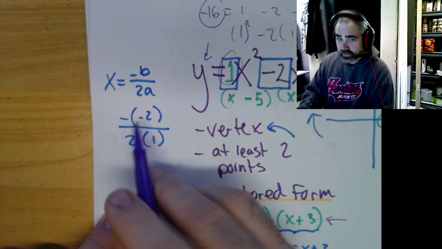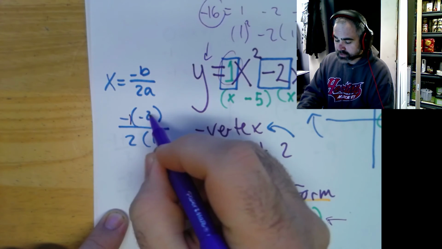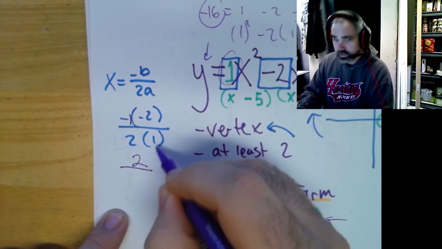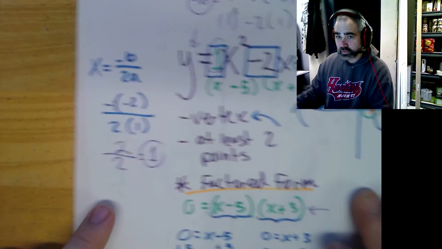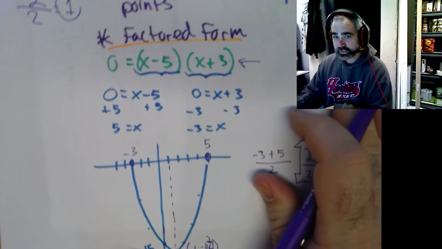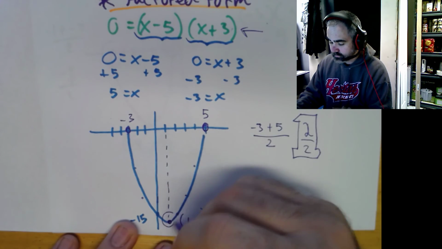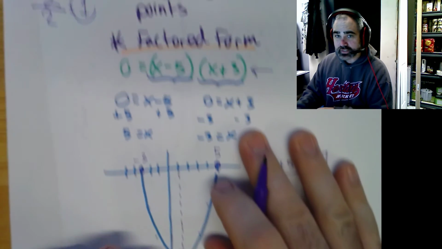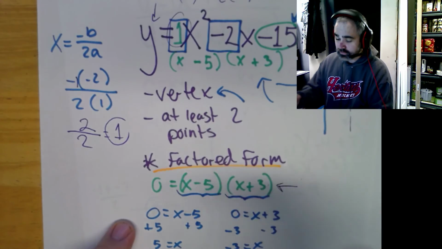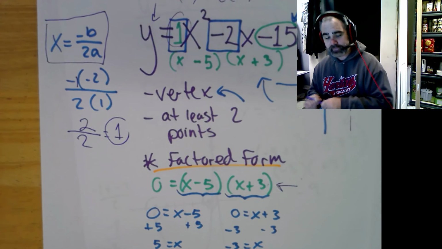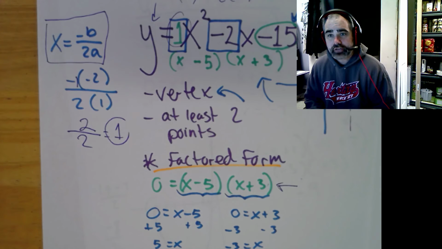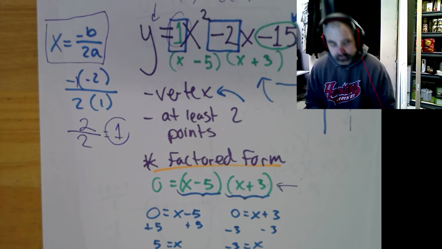Negative negative 2, that's a negative 1 times negative 2 is a positive 2, divided by positive 2, and that gives you 1, which was what we found for our vertex as well. Okay, and again, this always gives you the x value of your vertex. So it's a shortcut. You can use this to find your line of symmetry and your vertex right away, and you don't have to go real crazy about it.